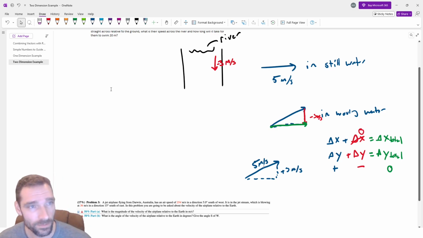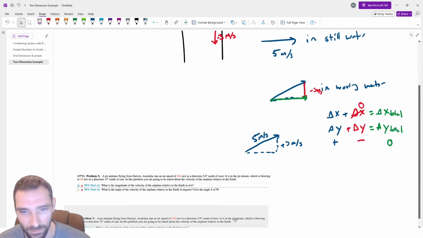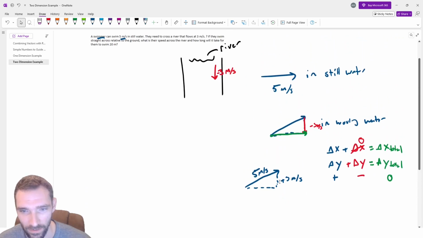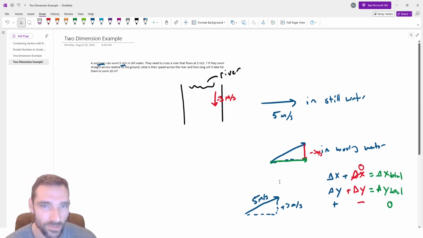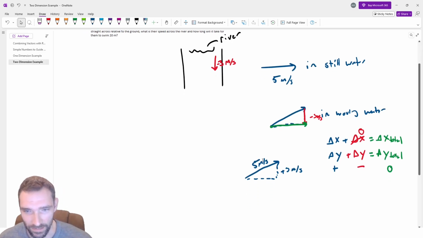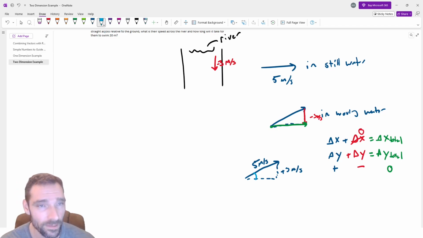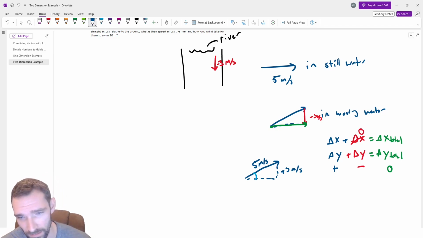Now there's a couple different ways to solve this once we get to this point. You've got your a squared plus b squared equals c squared. You may recognize this as your 3, 4, 5 triangle as well. So that's one way of doing it. You can also get the angle in here using sine, cosine, and tangent. Couple different options. I'm just going to go with the a squared plus b squared is equal to c squared option here.